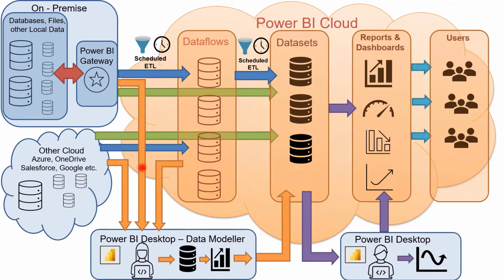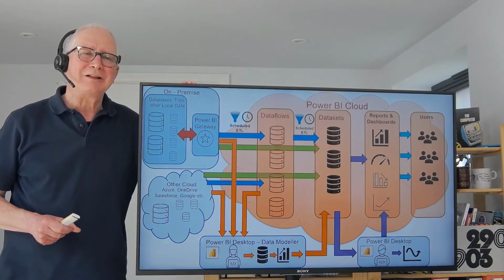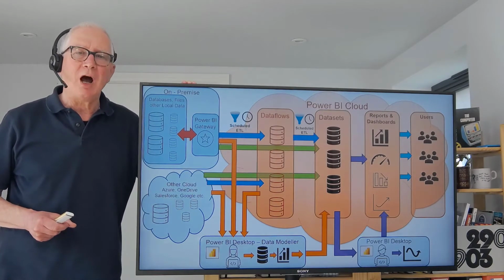That's the only step where we need to come out of the clouds and into your PC, so to speak, and then push that data set back out again. Here we can report on it by connecting to it. This could be Power BI Desktop. This could also be Excel with Get Data and pivot tables. So I hope that helps to explain a little more about the structure of Power BI.